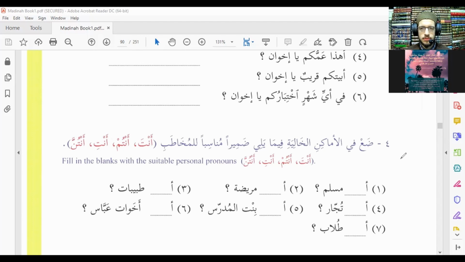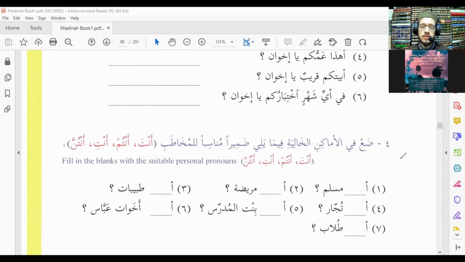Suitable pronouns. للمخاطب. مخاطب means personal pronouns, like addressing pronouns. Second person. Yeah, mukhatab is the one addressed, like a khutbah. That's right. Mukhatab is the one who's being addressed.